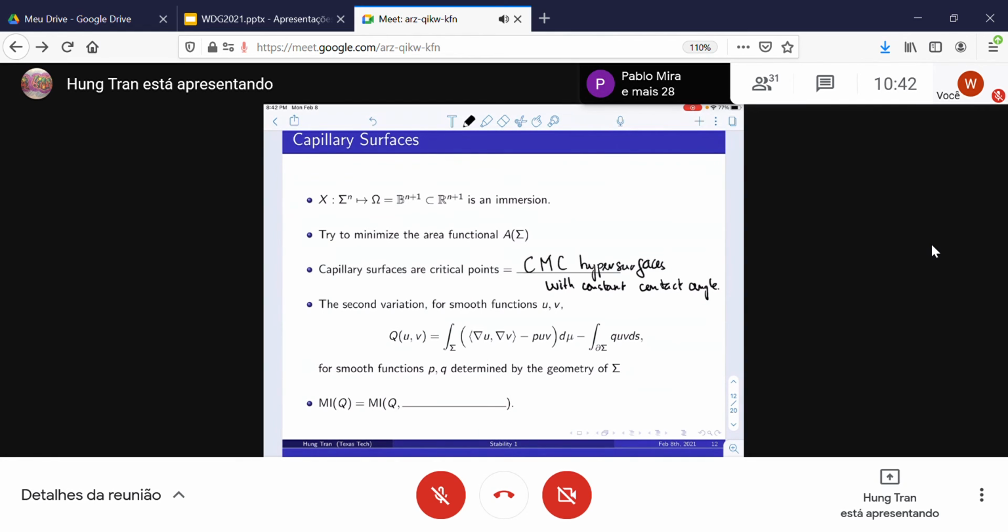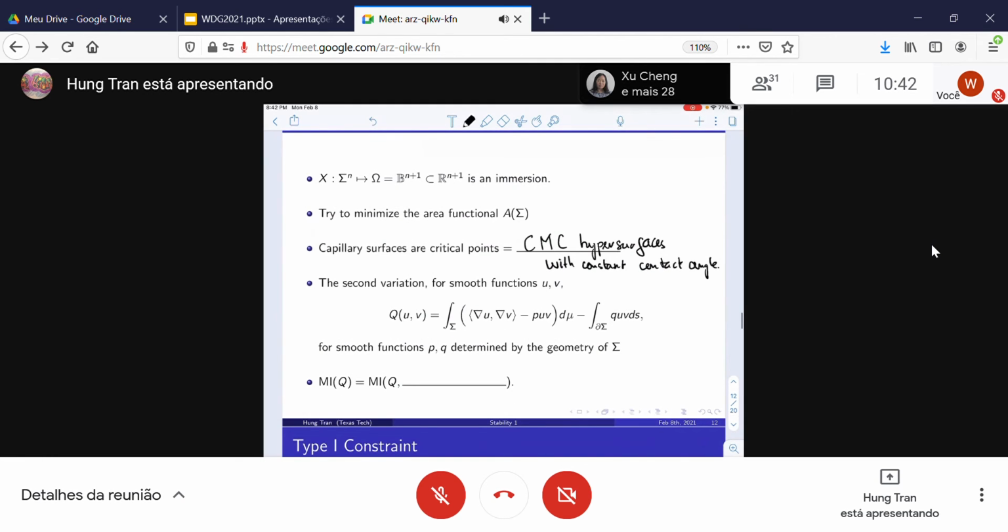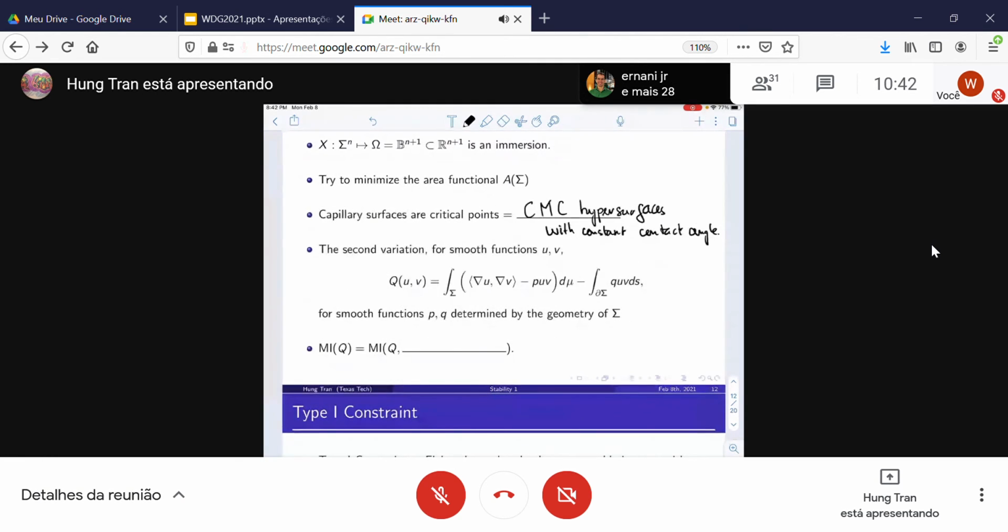So when you set this first variation equal to 0, you get one condition over the interior and another condition over the boundary. So that's why the critical points here are characterized by two conditions: constant mean curvature inside and constant contact angle along the boundary.